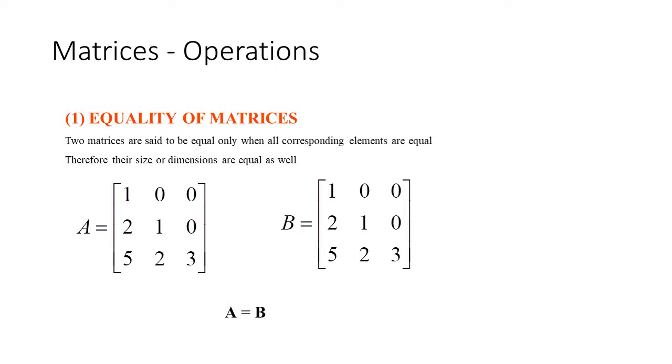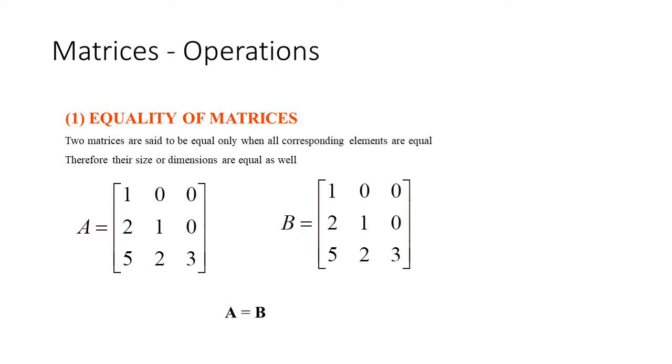Now let us take an example. A is equal to 1 0 0 2 1 0 5 2 3. There is another matrix B, equal to 1 0 0 2 1 0 5 2 3. Now we are going to compare the first number 1 with the first number in matrix B. It is the same. The second number is 0, and in the second matrix it is also 0.